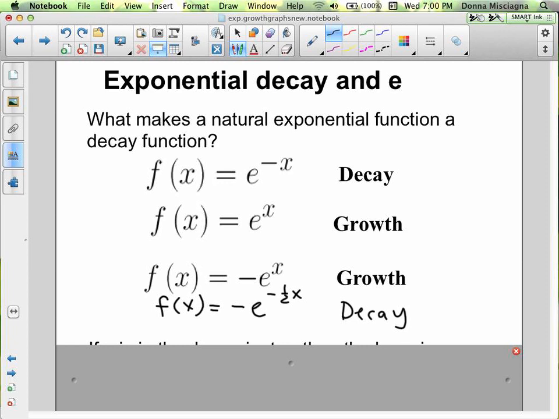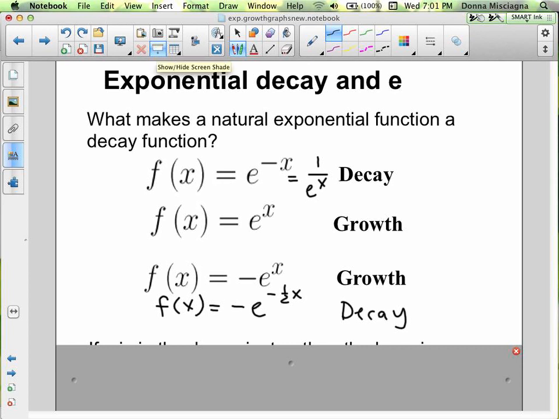So have you figured out what makes e growth or decay? All right, so let's rewrite these. So f of x equals e to the negative x. That's the same as 1 over e to the x. Right?